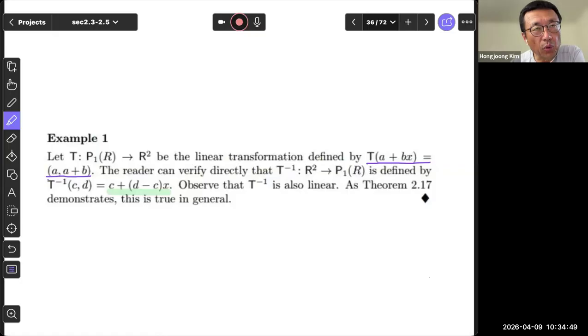Then you can show that this mapping from c and d to c plus d minus cx will be the inverse of the original mapping T. You can check it yourself.